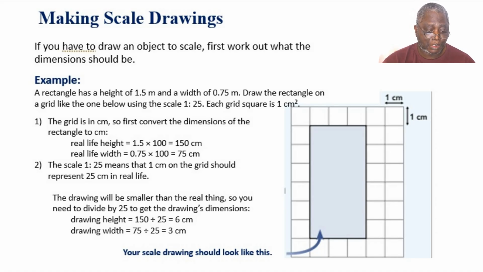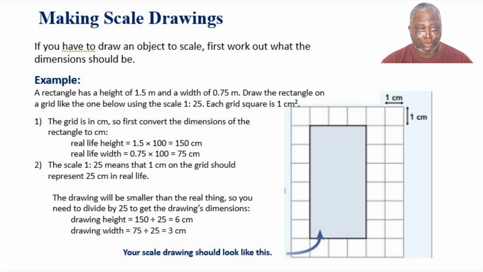Next, the scale 1 to 25 means that 1 centimeter on the grid should represent 25 centimeters in real life. The drawing will be smaller than the real life thing, so you need to divide by 25 to get the drawing's dimensions.